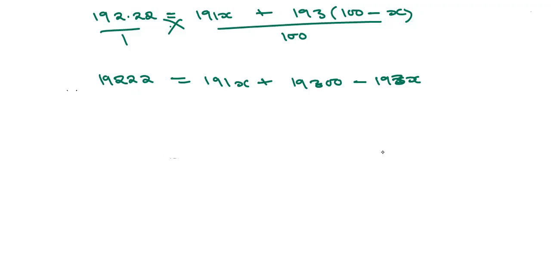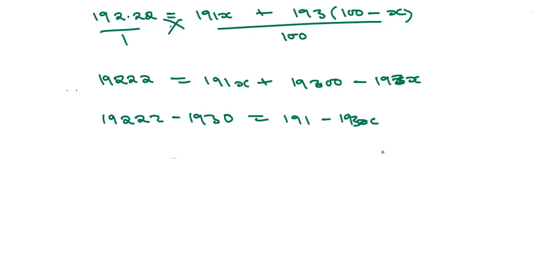Then after having 193x, now we can collect the like terms. So we have 19,222 minus 19,300, and this is going to cross to the other side, then we remain with 191x minus 193x.